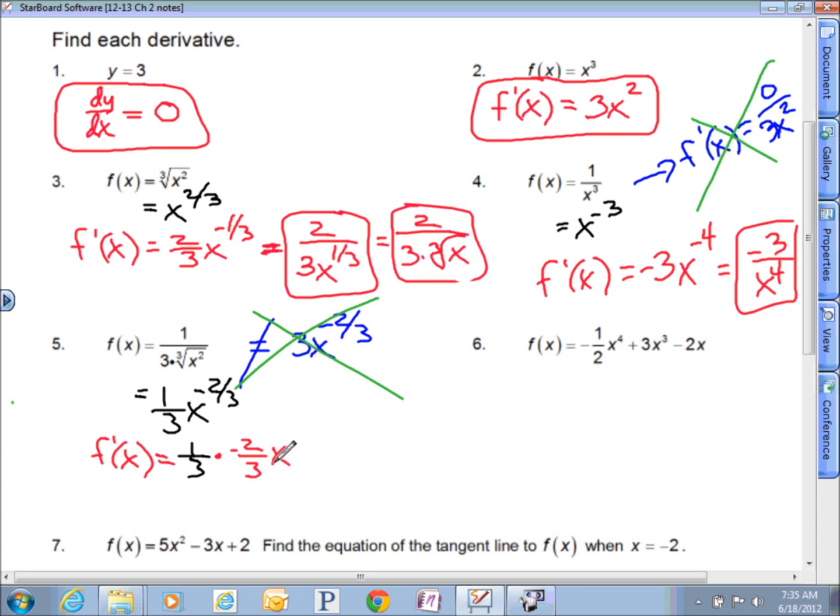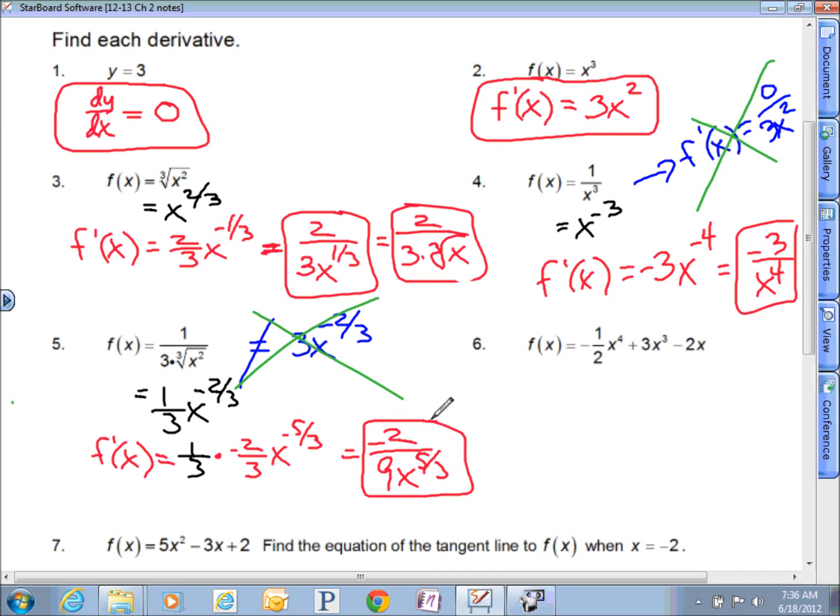But now if I'm subtracting from negative 2/3, take 3 more thirds away, we're going to have negative 5/3. And now if we want to clean all this up, we'll take the 1/3 and the negative 2/3 and multiply them together. Well, 1/3 times negative 2/3 is negative 2/9. So negative 2 on the top, 9 on the bottom, and let's move the x to the 5/3 down to the bottom and give it its positive exponent.